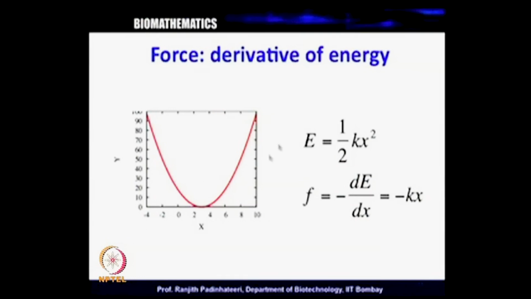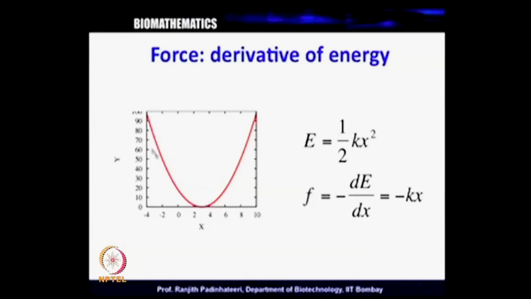For example, the spring energy is half kx square. If you calculate the derivative dE by dx of this function, you will find that it is minus kx, which is the force. So the derivative of the energy function is nothing but the force.